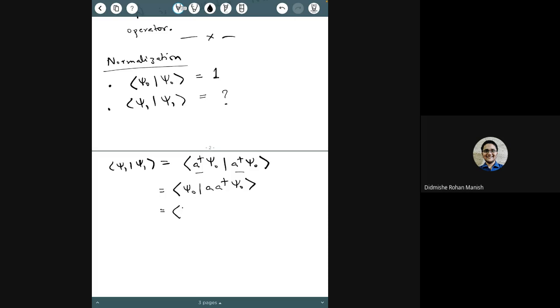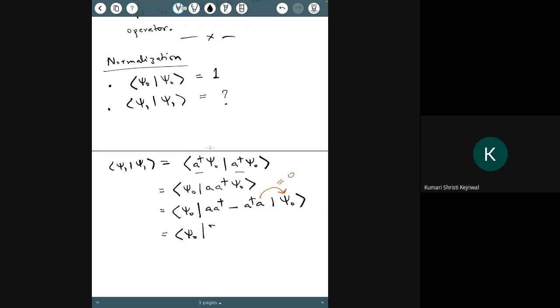And now, since I know that action of A on psi 0 is 0, I can add or rather subtract a dagger A from psi 0 without any problem. So the action of a dagger A on psi 0 is equal to 0. So it doesn't matter that I put it in.